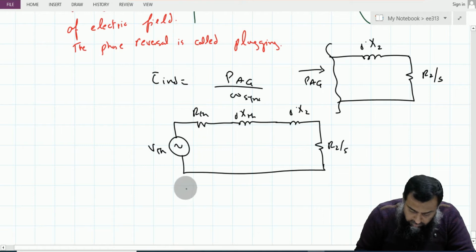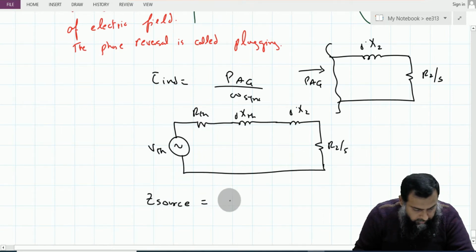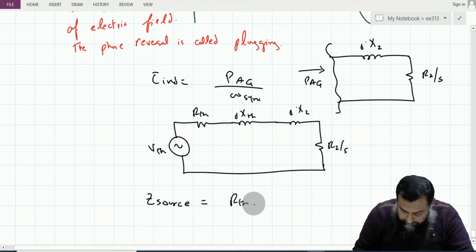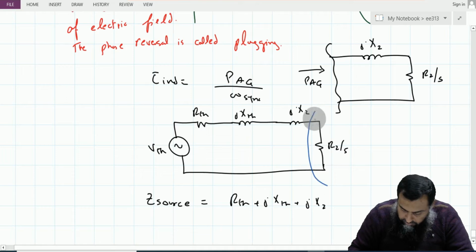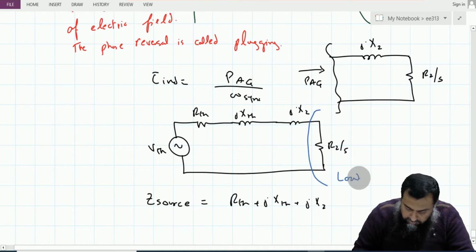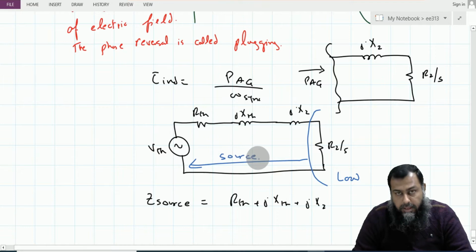So what is the total source impedance? That source here is equal to R Thevenin plus jX Thevenin plus jX2, and we are treating this part as the load part, and the rest of the part all corresponds to the source part.